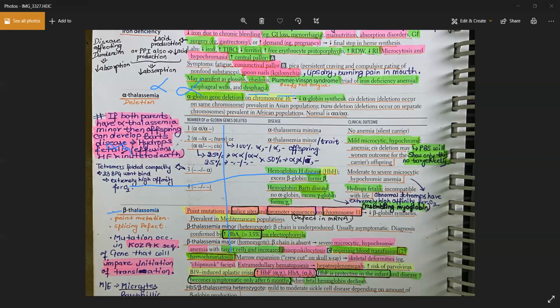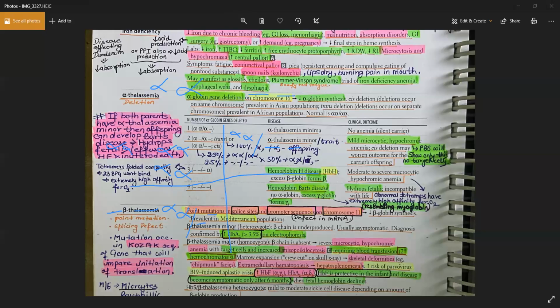So the offspring can have a normal type of hemoglobin which consists of alpha alpha and alpha alpha, normal genes. It can have this alpha alpha with no gene at all. It can again have the alpha alpha and the no gene at all, right?